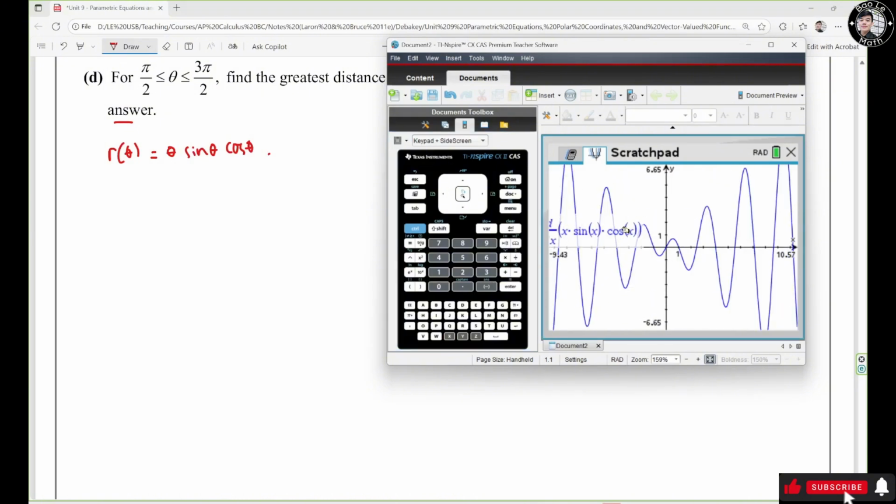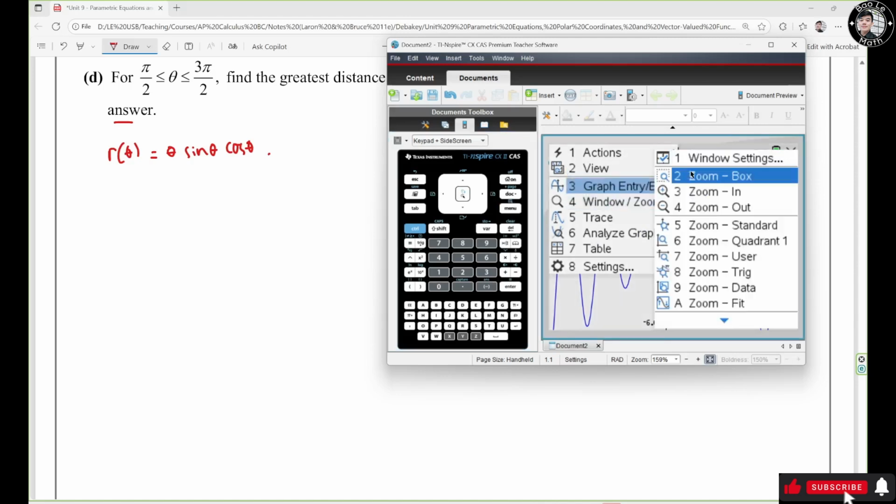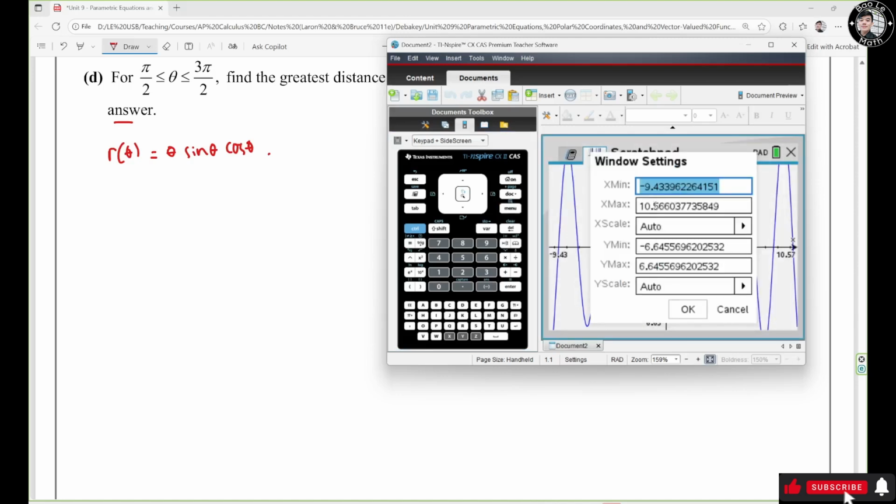Now I need to restrict the domain. The domain is from pi over 2 to 3 pi over 2, so you press menu, number 4, number 1. S minimum is pi over 2, so I just press pi divided by 2.